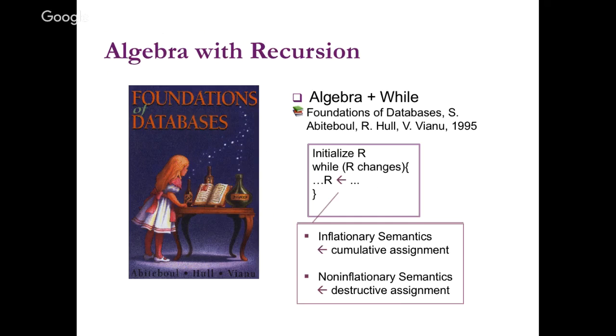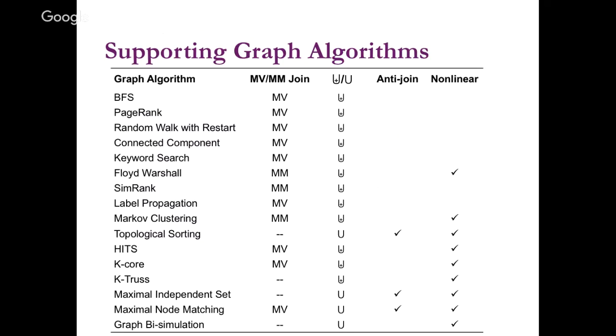The other is destructive assignment, corresponding to the union by update. With these four operations, this table shows some representative graph algorithms that can be supported other than linear transitive closure. For example, the MV join plus union by update can support PageRank, random walk with restart, weakly connected components, HITS, etc.